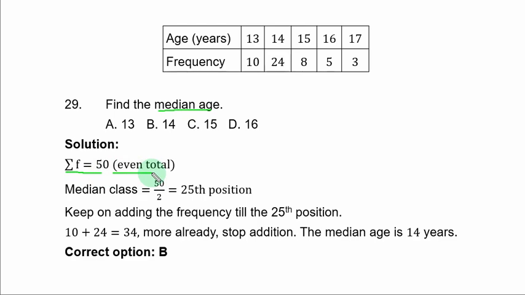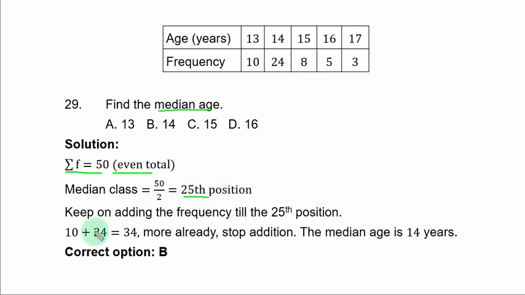If it is even, you leave it. Next is to get the median class. The median class is found by dividing the sum of frequency by 2. That is the 25th position. So you keep on adding the frequencies till you get to the 25th position.